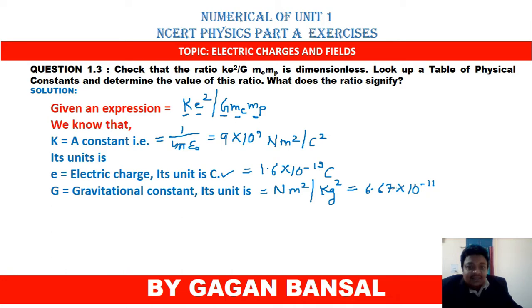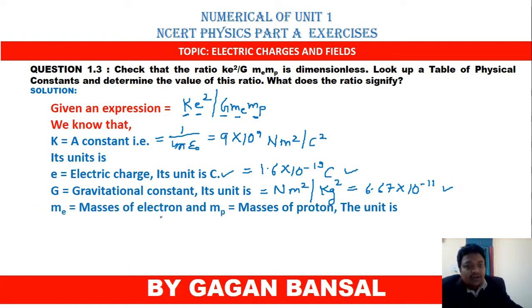All these things, like the value of the constant k, the value of the electric charge on an electron, and the value of the gravitational constant, are given in your physical constants table. Next is me, that is mass of electron, and mp is mass of proton, and its unit is how much?